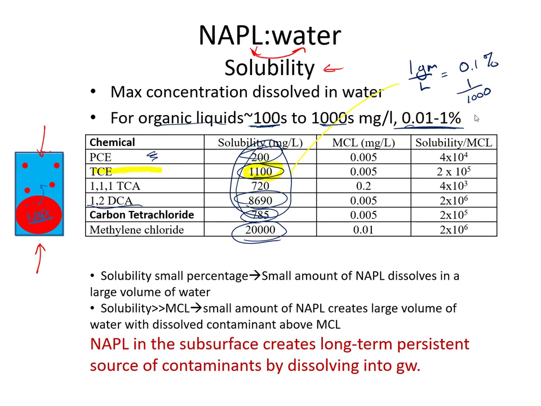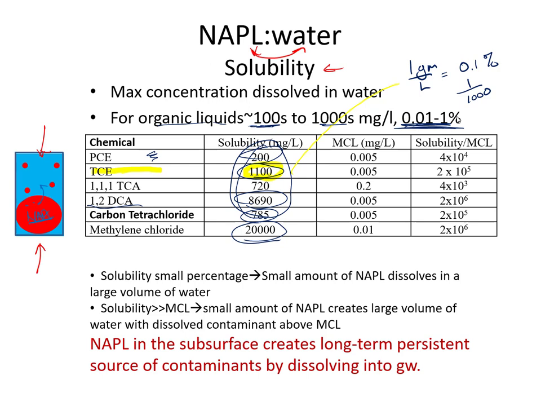What that means, importantly, is that the NAPL is soluble in water, so we can have molecules from the NAPL dissolve into water, and that's important because it means we then have contaminated water. But importantly, it's a pretty small percent. The maximum concentration that can be created when these compounds are in equilibrium with water is a pretty small percent on a mass basis.